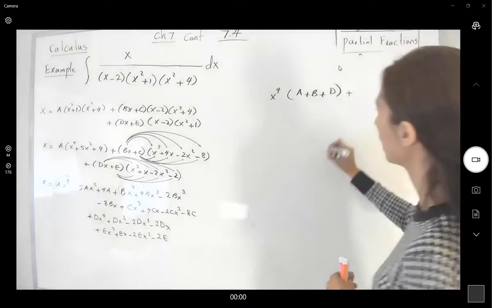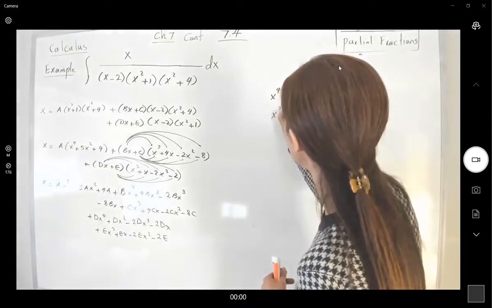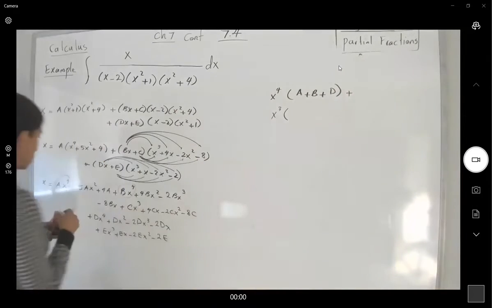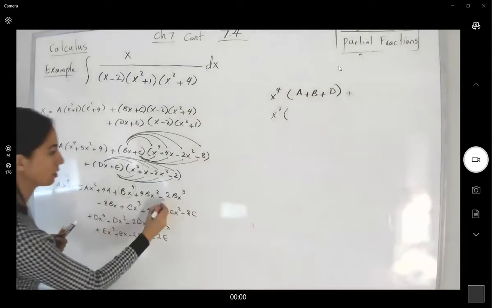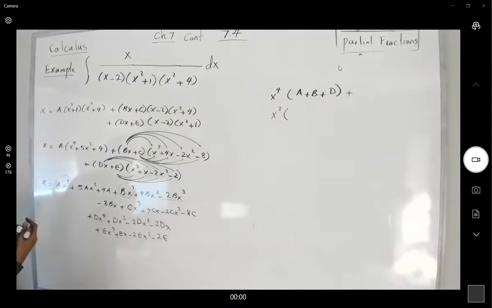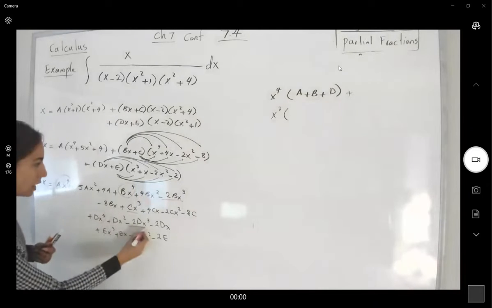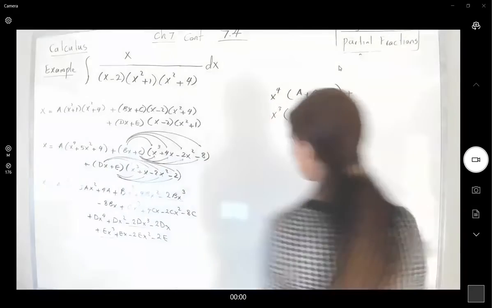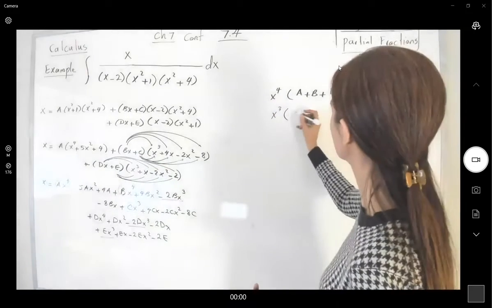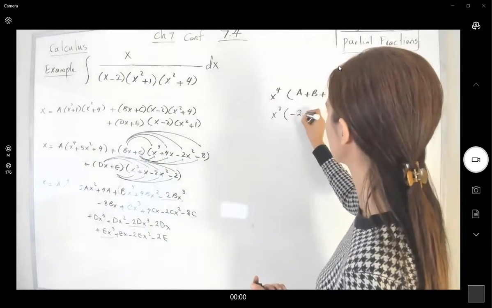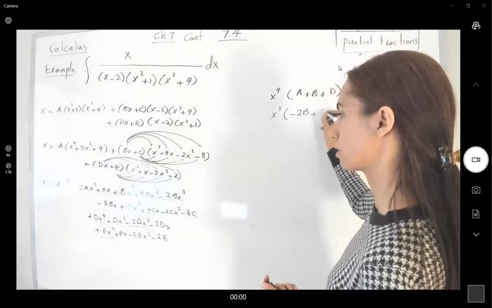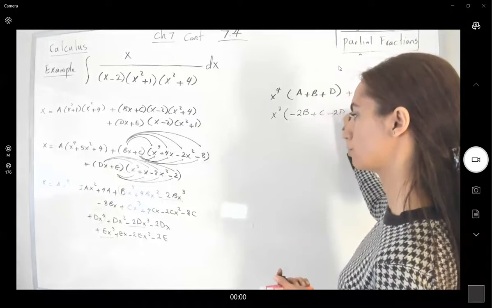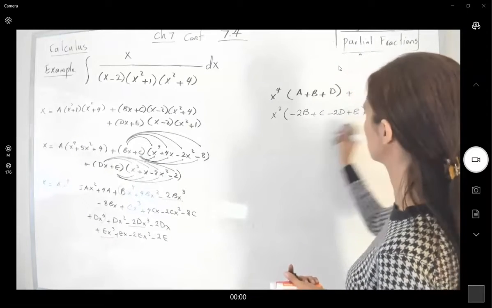And then we have x to the 3rd. Let's see, what do we have for x to the 3rd? Negative 2b. We have a c, negative 2d, and e. Negative 2b plus c minus 2d plus e.